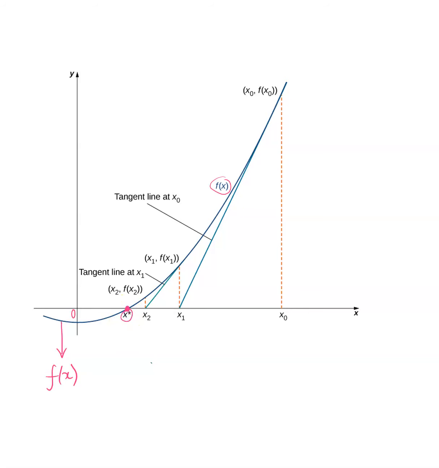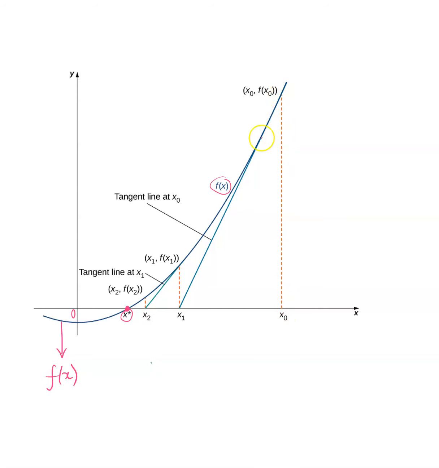We need to find this x value. And in order to do that, we are going to begin by finding the tangent line, okay, at a particular point. So for that, let's say, you know the solution happens here. We just don't know what that x is. So choose a point anywhere closer to it in that neighborhood, because that's something we can see visibly. So choose that point. For instance, let's say we started off with x naught.